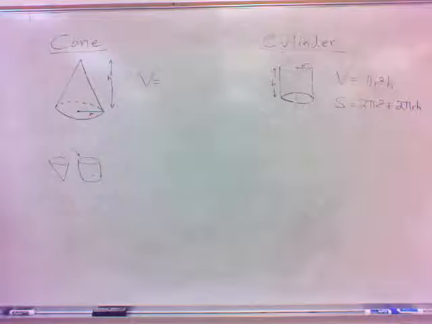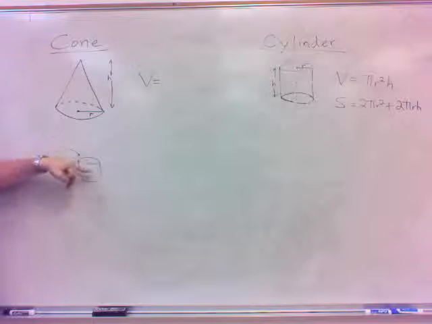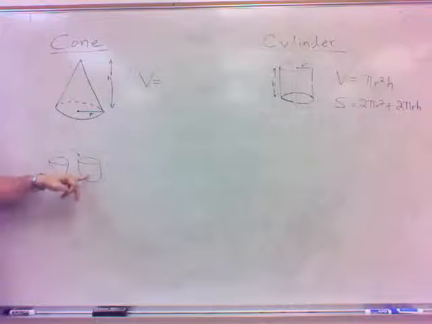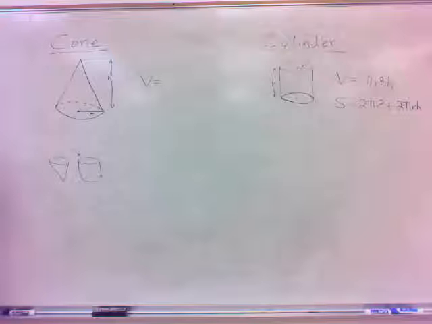How many of those cones would it take to fill the cylinder up? Well, most people would guess 2. However, it actually takes 3. I would have to pour 3 of those cones filled with water into that to fill this cylinder up. Same dimensions.